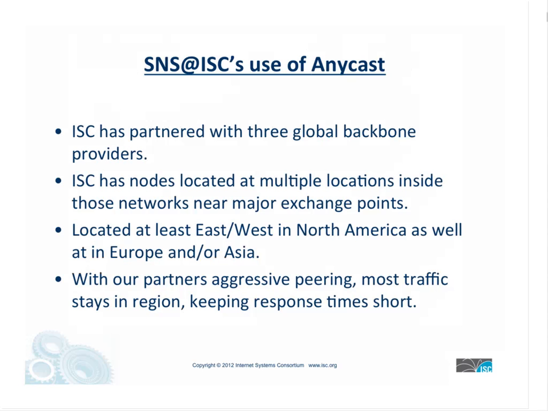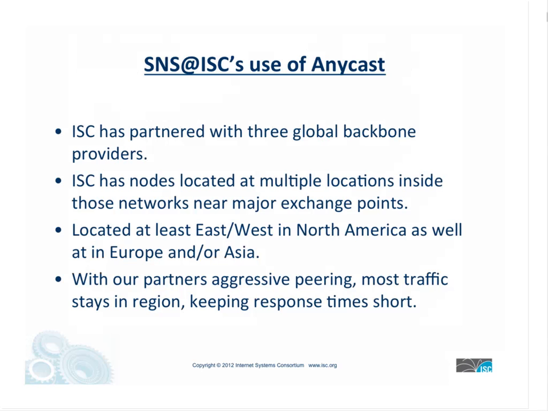ISC is partnered with 3 global backbone providers. They include Tata Communications, Cogent Communications, and Hurricane Electric. In addition, ISC has nodes located at multiple locations inside those networks near major interconnection and exchange points.